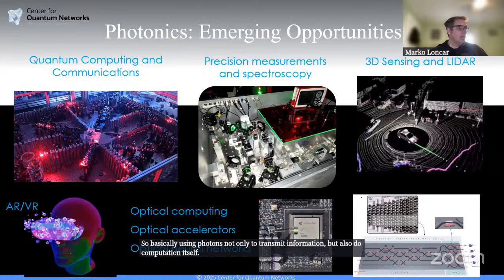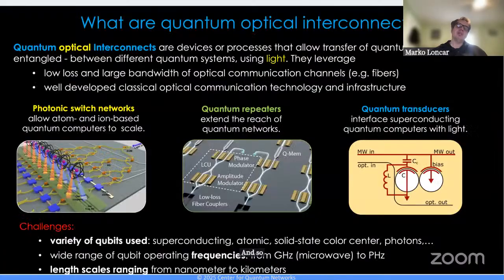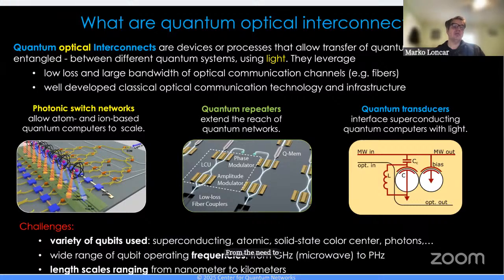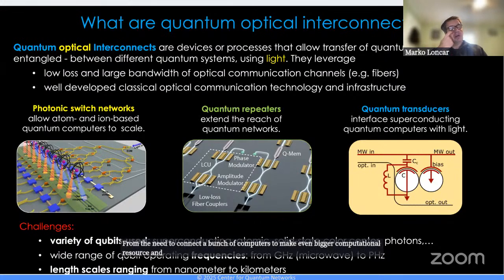And in the next slide, we motivate this idea of building quantum networks. Why do we need quantum networks? Why do we need quantum interconnects? Well, similarly to how optical communication and optical interconnects in the classical domain emerged from the need to connect a bunch of computers to make an even bigger computational resource and also communicate information over long distance, as quantum resources emerge, there is a need to connect quantum computers, quantum sensors, atomic clocks, and whatnot.